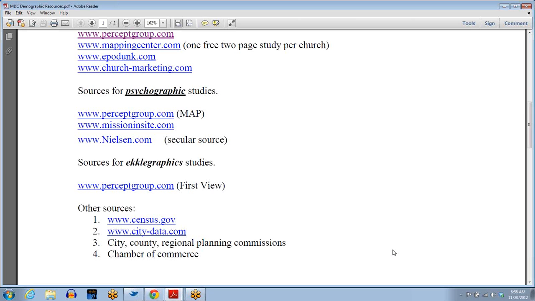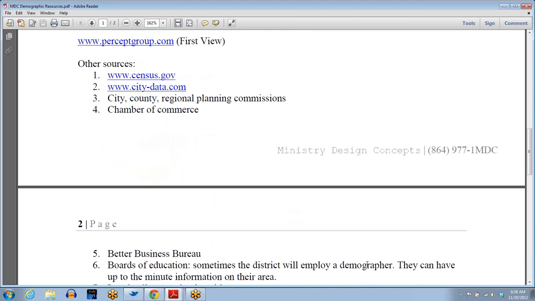So you have to be able to go in there and weed out and pick and choose what you need. That's done for you by the Percept Group and Mission Insight, and probably by the Mapping Center. There are other sources here for you to gather in here. Chamber of Commerce, connecting with them online.